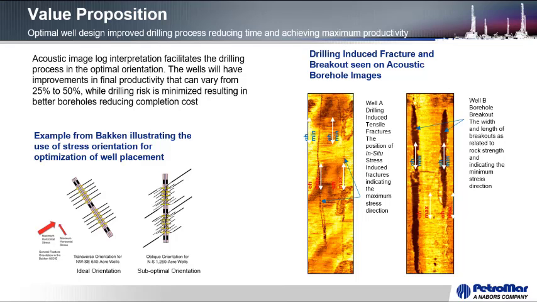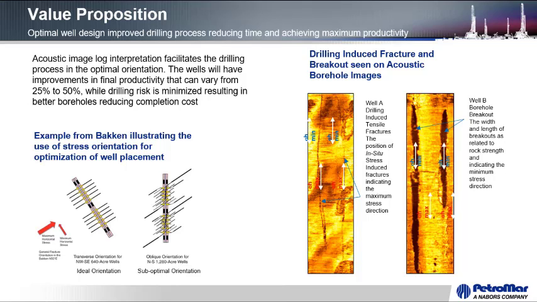These types of features are normally identified from vertical wells, where if the mud is too heavy, we will see drilling-induced fractures, or if the mud is too light, we will have breakouts, like on well B on the image. So that gives us the orientation.